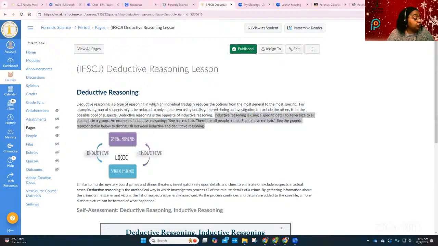Remember, the way you solve the crime is how you're going to take the case to court. And if you do generalizations, the judge will probably throw it out. Okay, so if you want to have your suspect definitely nailed to rights, you want to make sure that you have as many specific clues as possible and not generalize things, because with generalized things, the other guy's lawyer can say, well, in that statement, Sue has red hair, so all people named Sue have red hair, anybody could have done that because they all look like that.